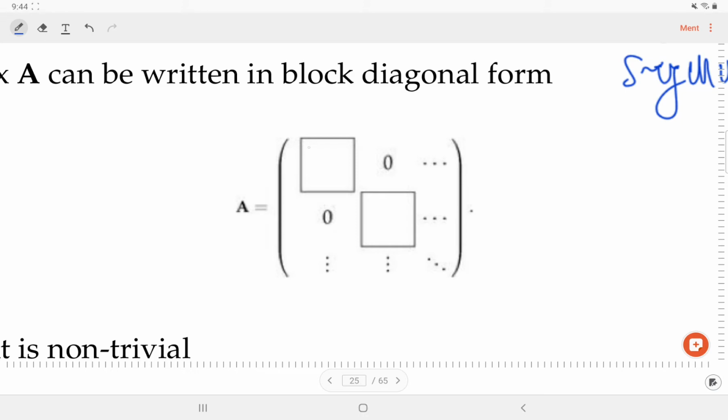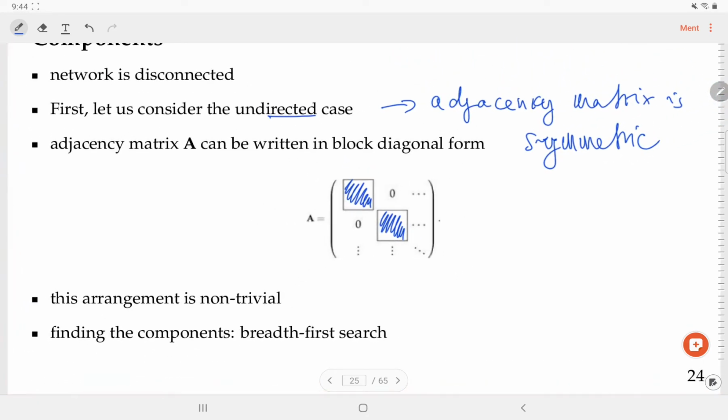Imagine that inside these blocks there are some non-zero entries, but outside of these blocks all the entries are zeros. This is an interesting thing to consider, because the slide says that the adjacency matrix can be written in this block diagonal form. It turns out that finding this arrangement is highly non-trivial.